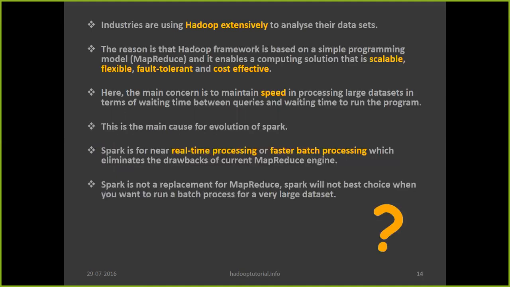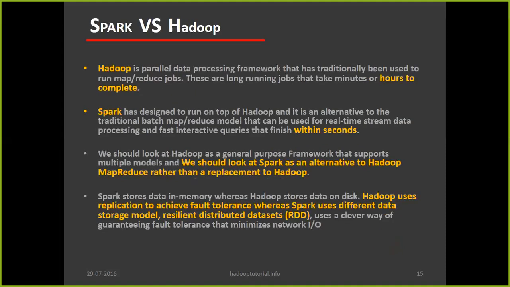Okay. So now to give the differences, Spark versus Hadoop. Hadoop is more of a batch oriented system, right? Everyone agrees on that. And sometimes the jobs take minutes to hours to complete, even if you run a MapReduce job or Hive queries or Pig queries or HBase.